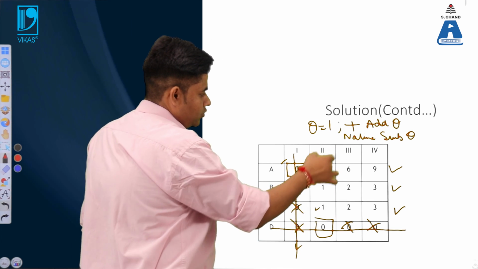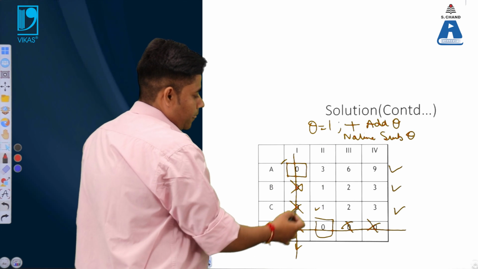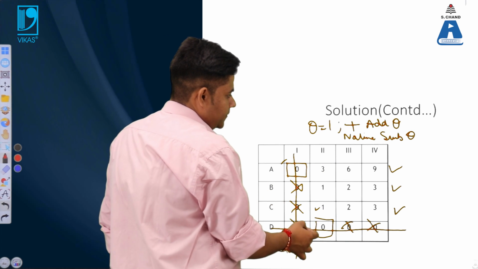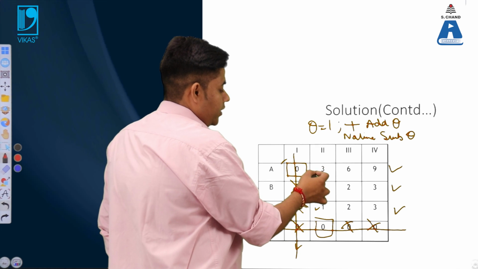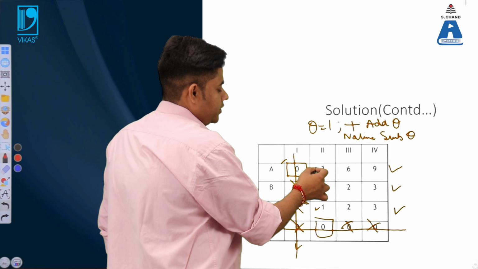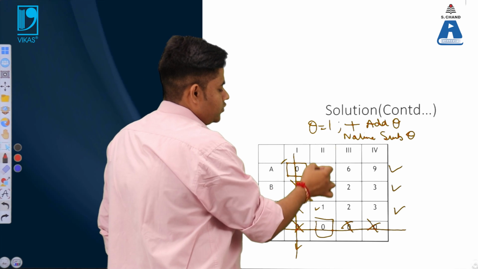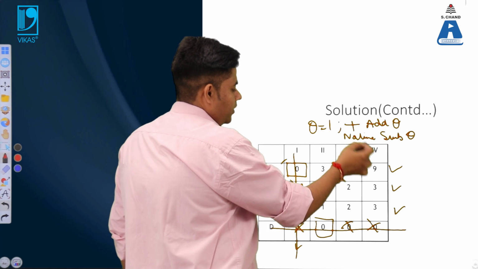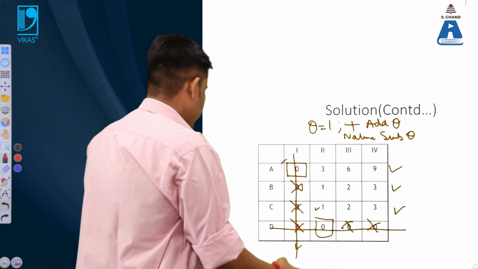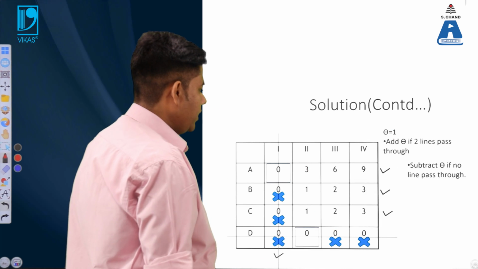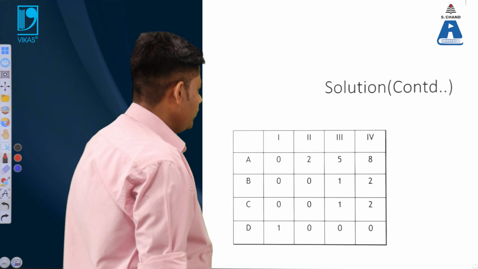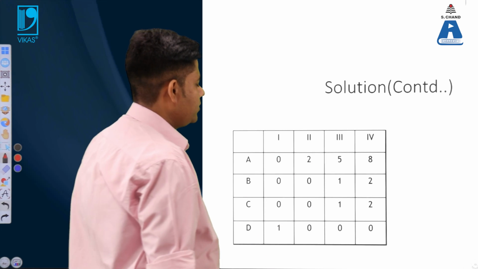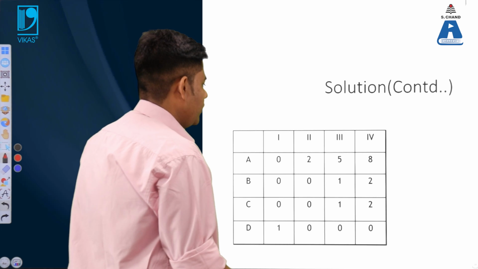That means 0 plus 2 plus 1 would be there. And where there is a line above the element, you have to do nothing. When there is no line, that means where it is written 3, 3 minus 1 is to be done, 6 minus 1, 9 minus 1 is to be done. That means you will perform that iteration like this, and you will form a new matrix.